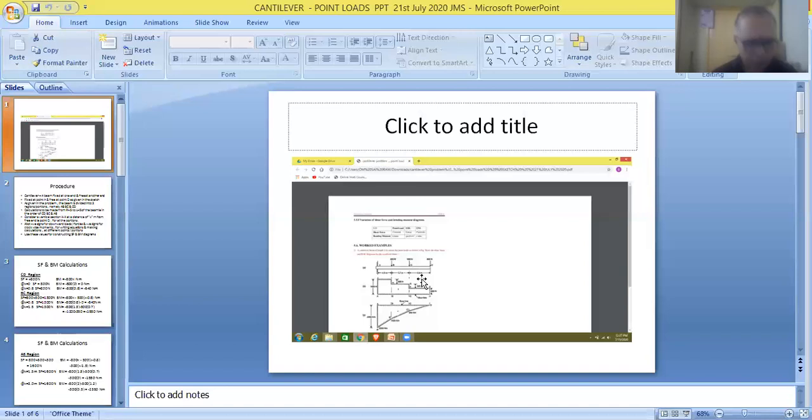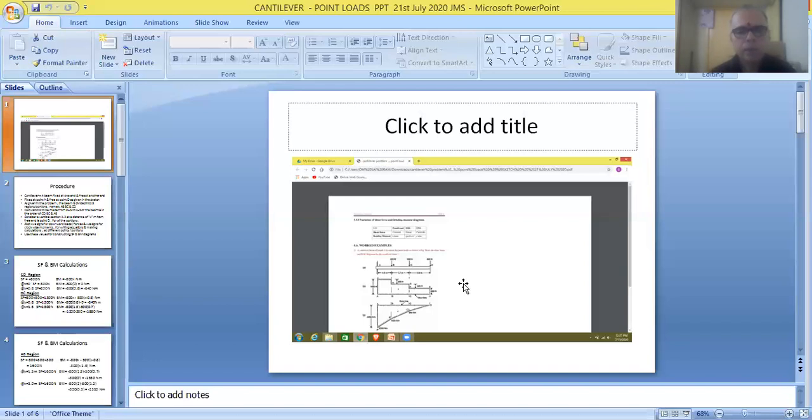Add up all these values, and it will come to 2 meters. That means the distance between the fixed and free end of the beam is called the length of the beam. It's also called the span of the beam.